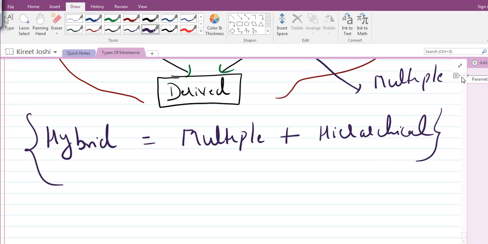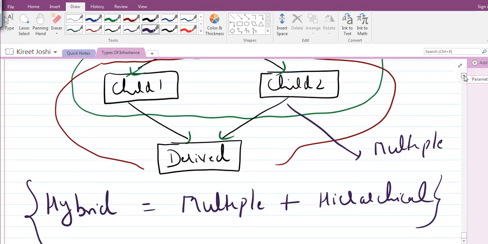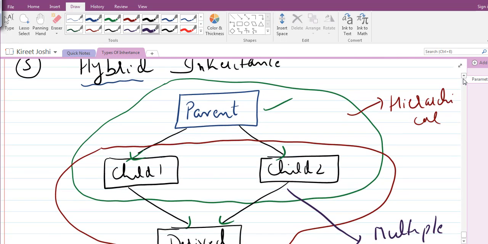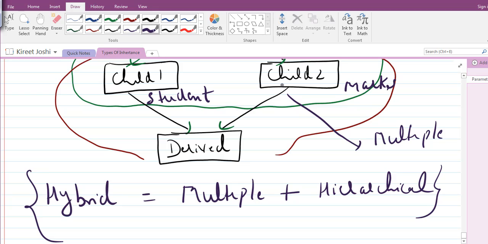You can correlate this with the help of an example. For example, the parent is the person class, and from this person class we have two classes: child 1 is student, and child 2 is marks. These two subclasses will now be the base classes, the immediate superclasses, for the derived class.